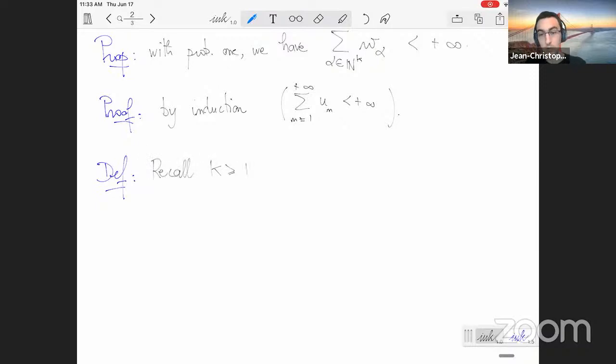We have chosen an integer k, and zeta 1 up to zeta k, which are ordered and between 0 and 1.